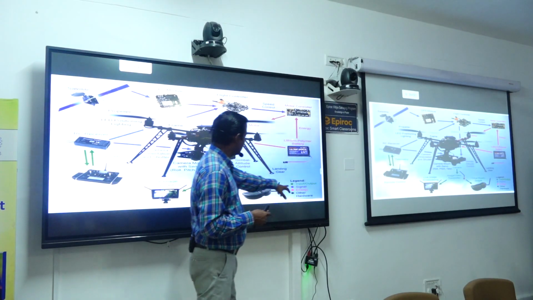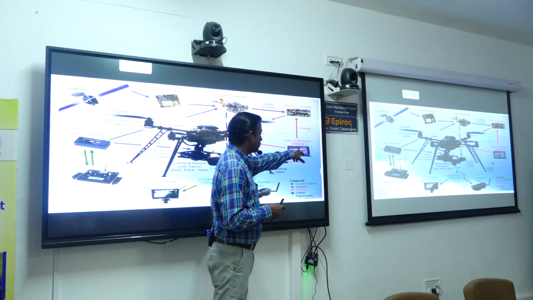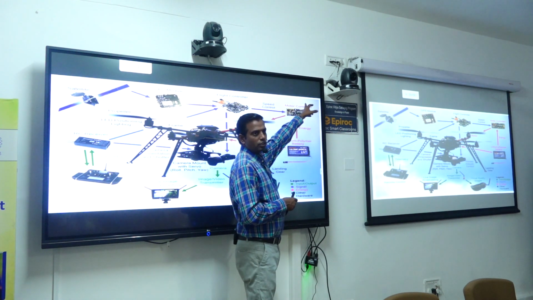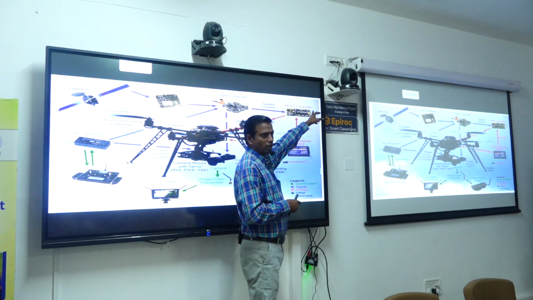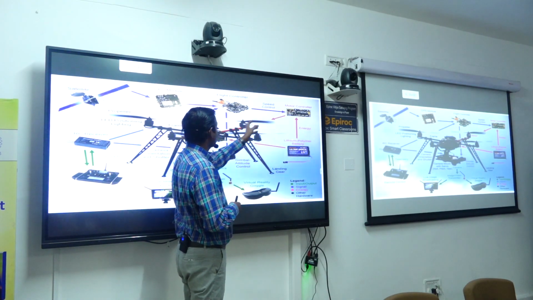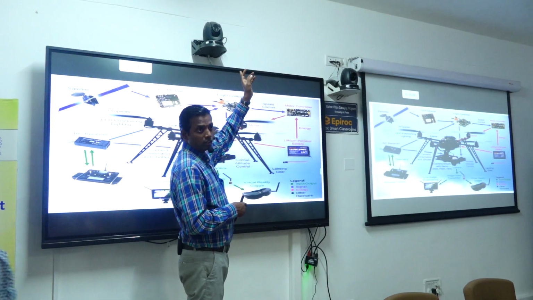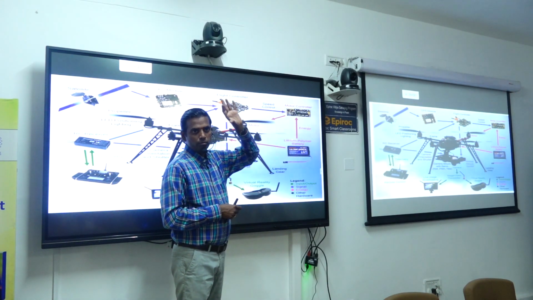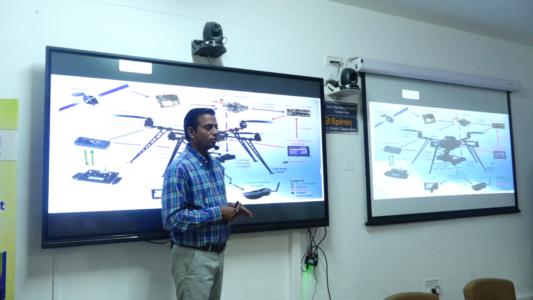And coming to the energy, that energy will be provided through the lithium ion battery. It will be supplied to the motor controller, and I skipped this one, that is called the flight controller. The flight controller is the brain. It is the major brain part of the UAV.